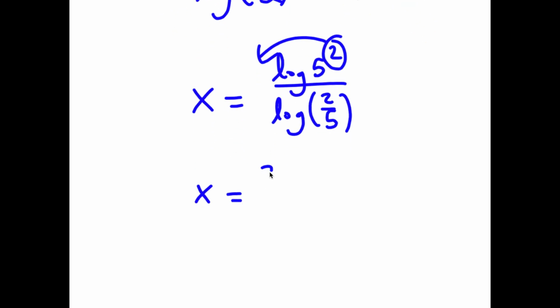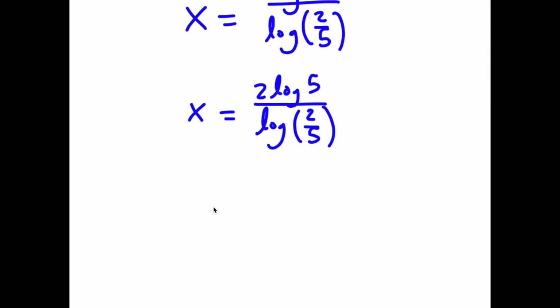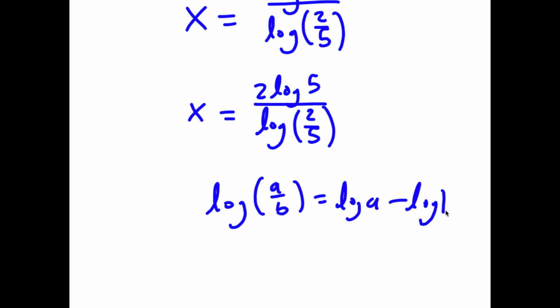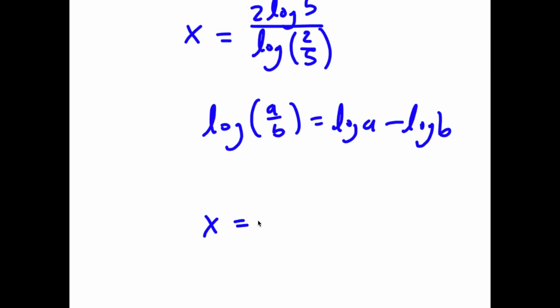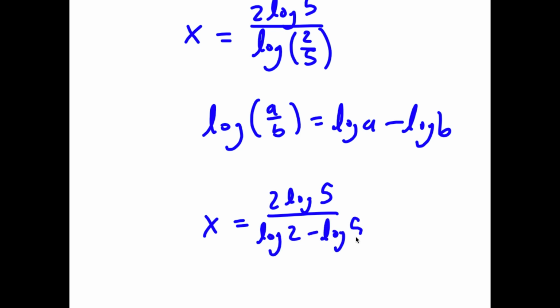So now I get x is equal to 2 times log 5 over log of 2 over 5. And if I have something in the form log of a over b, this is equal to log a minus log b. So this is equal to 2 times log 5 over log 2 minus log 5.